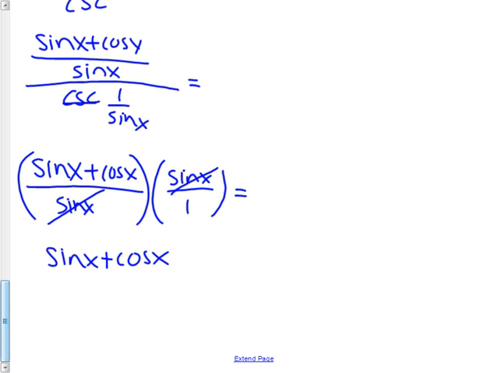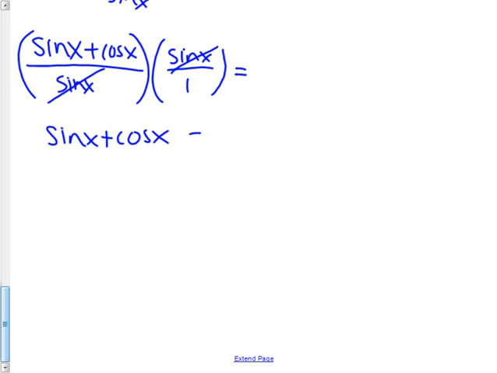And then from there, I'm going to do a little bit more because I don't think it would be clear what to do. Sine x plus, what is cosine x? 1 over secant x. And I chose to do that because my final answer, this is where you got to start looking at your final answer, has secant x in it.